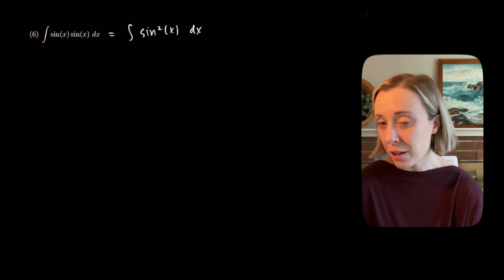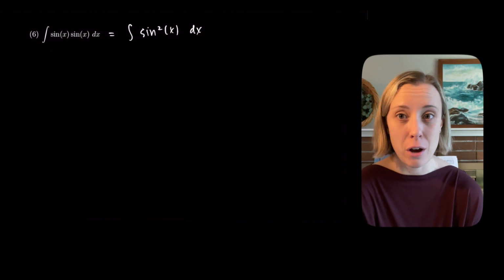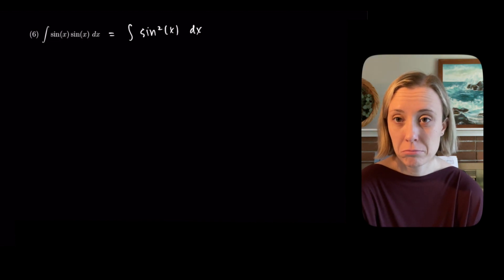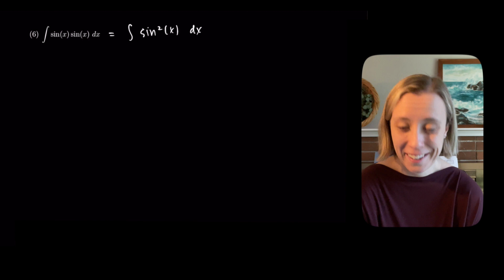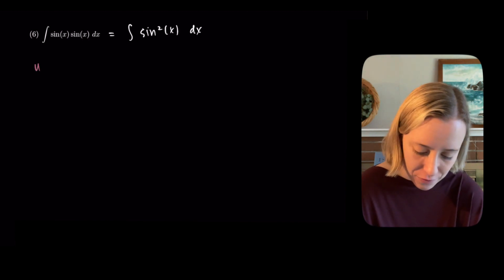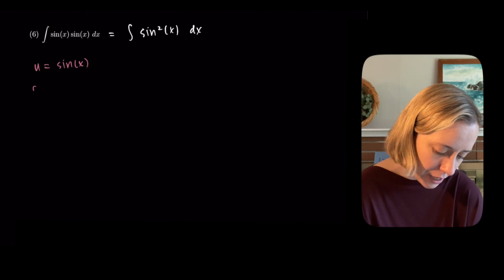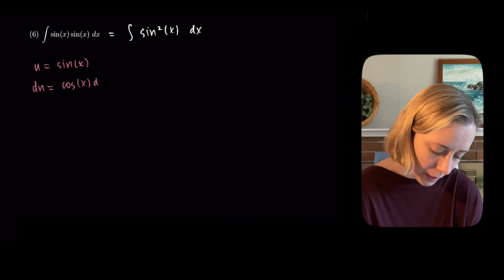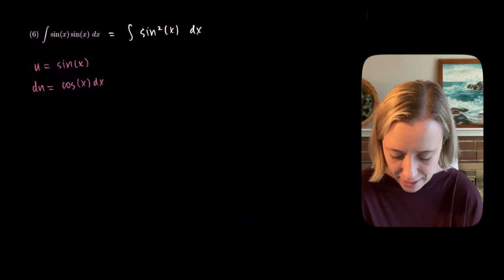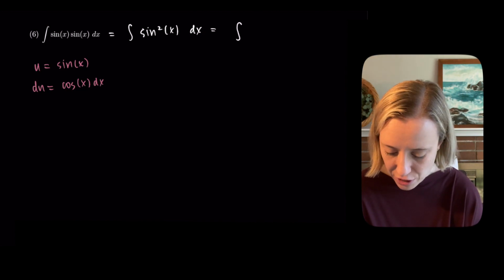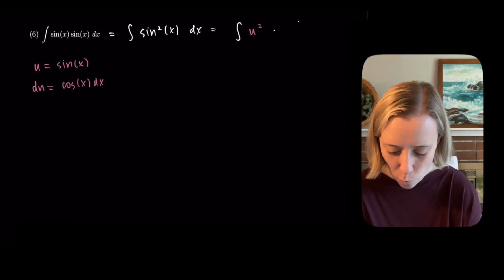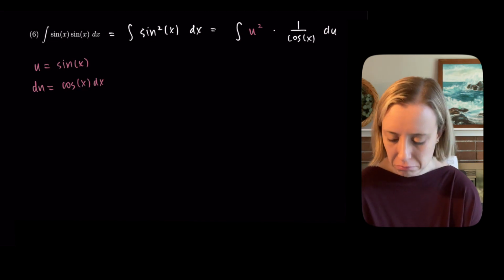I'm going to walk you through what you might try if you didn't know and you just tried u-substitution. Let's say you let u be sine, and du is cosine of x dx. Now, when you rewrite the integral, you're going to have u squared, but then dx is going to be 1 over cosine du.